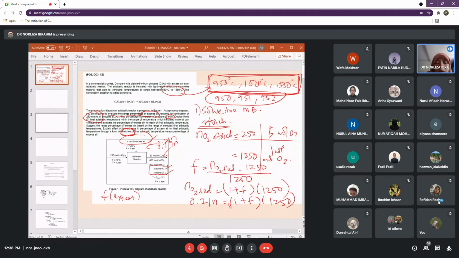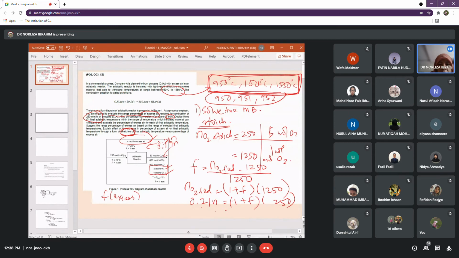If you want to know 0.79 N, it is simple mathematics: you need to know the N first.